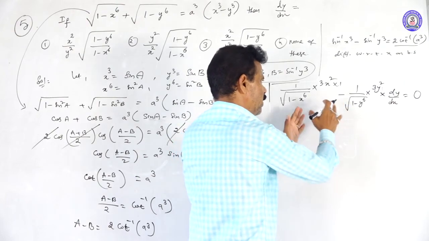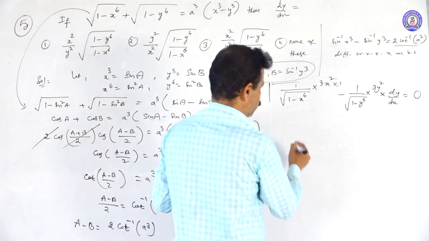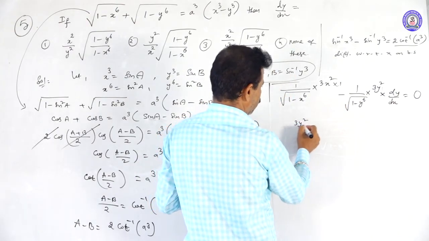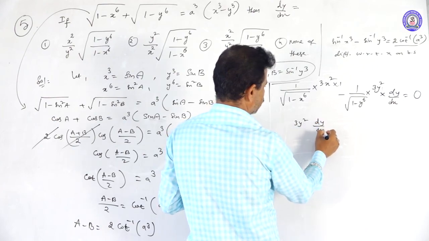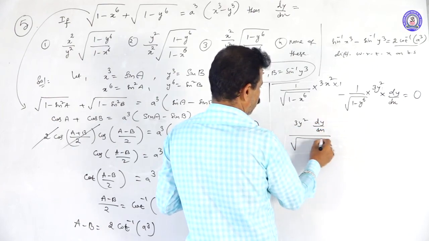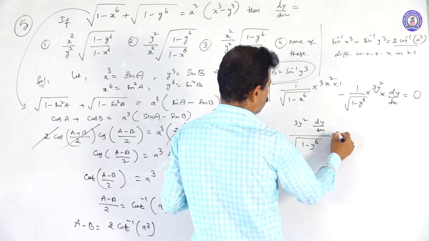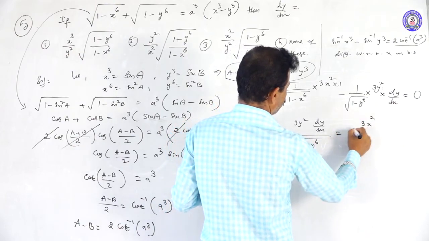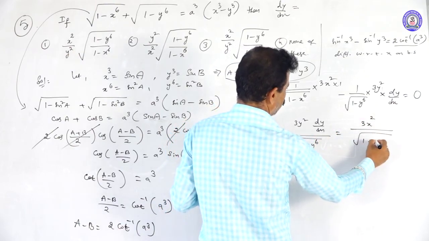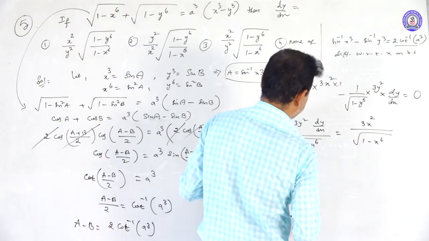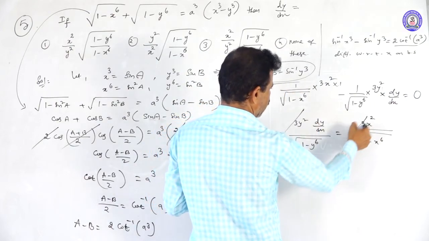After that, this minus going to the outside, it is positive. So 3y square dy by dx by under root of 1 minus y power of 6 is equal to 3x square by under root of 1 minus x power of 6. This 3 gets cancelled.